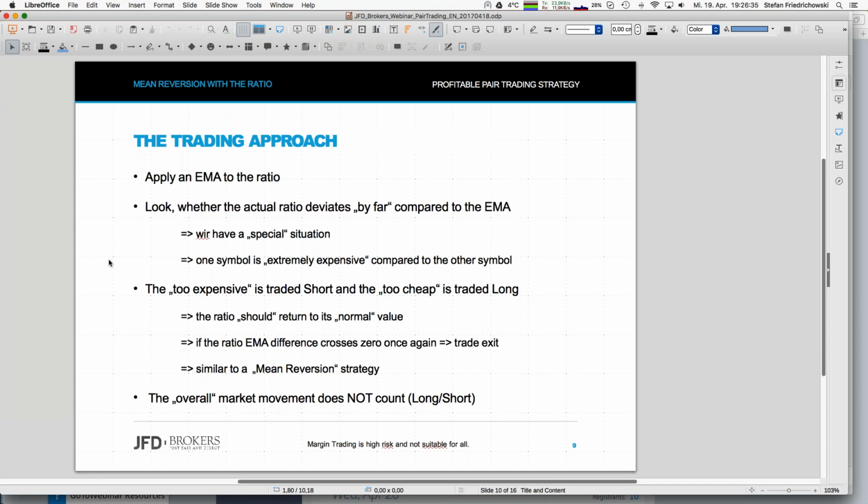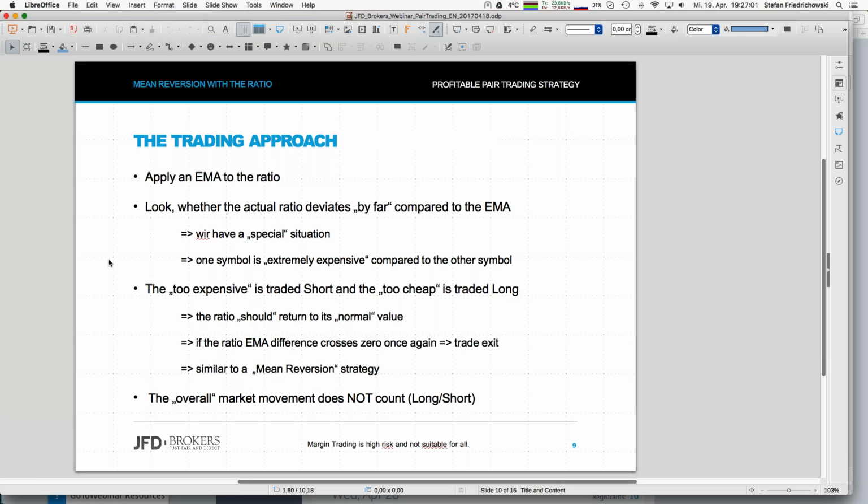Before I jump into the Excel sheet and go to the details of when and how to open a trade, let me in general describe that kind of approach, which is later implemented in that Excel sheet. What we need are more common rules for pair trading strategies. We need a definition of what it means to be a little bit too expensive compared to the other one.